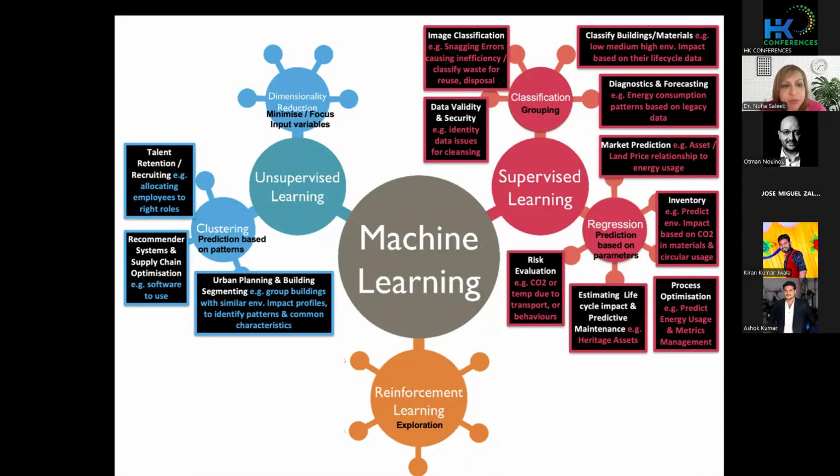So how can we use unstructured data for life cycle analysis in buildings? We can use it for clustering and dimensionality reduction. Clustering is when you also predict, but it's not based on parameters, it is based on patterns that have been identified from unstructured data. Can that be used in life cycle analysis?